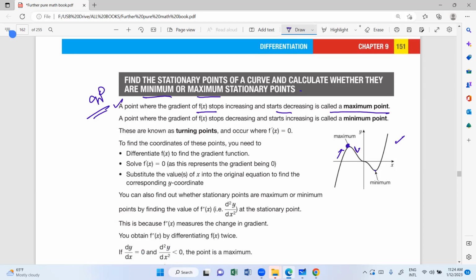And where f(x) stops decreasing and starts increasing, from this point it starts increasing.